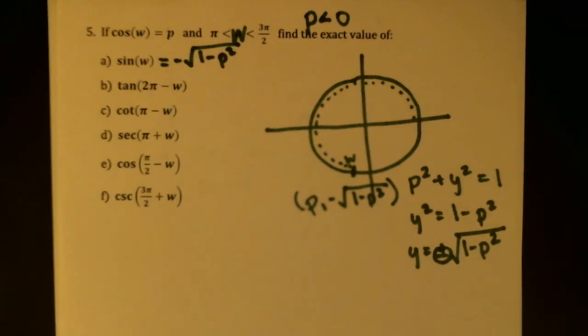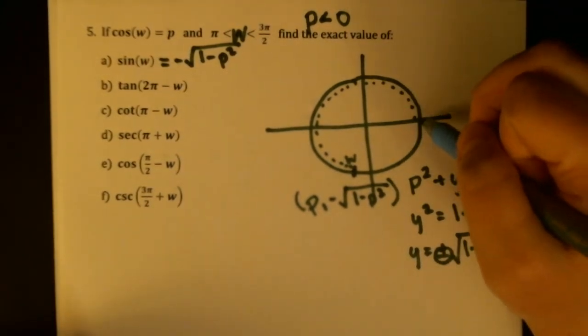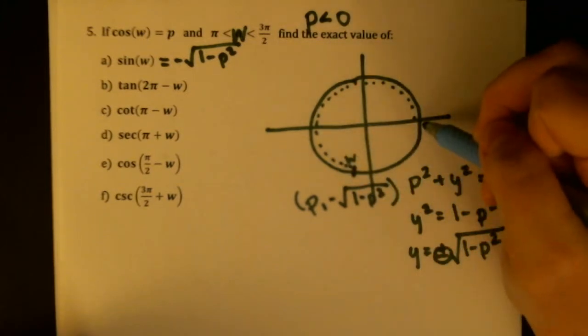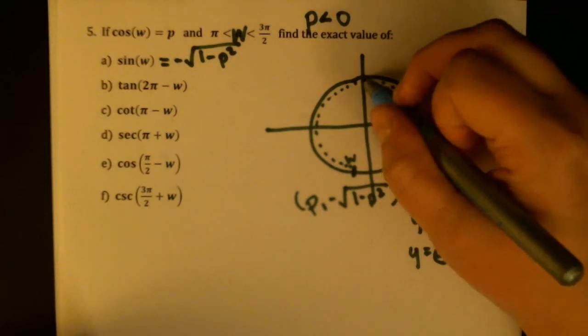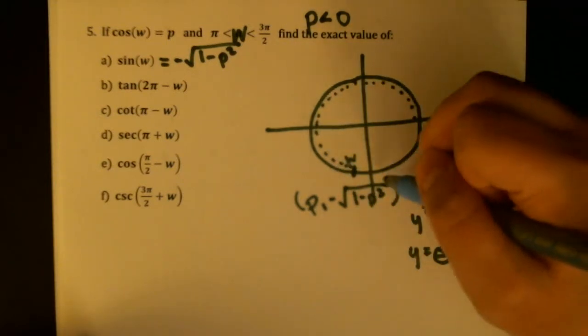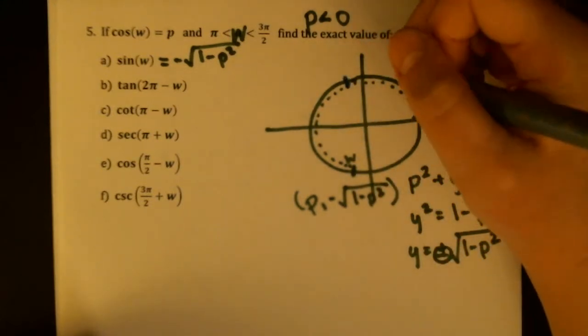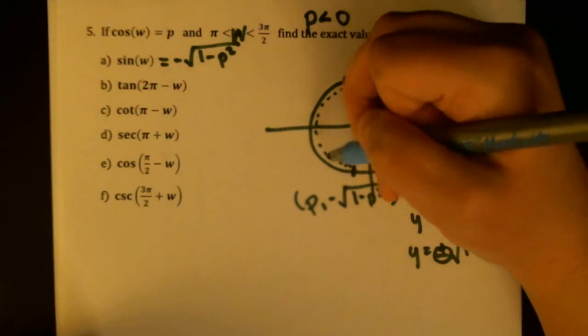Next, we would like to find the tangent of 2 pi minus w. So 2 pi minus w means we've gone all the way around and then we back up w. Okay, so w is not quite three-quarters of the way around. So all the way around minus not quite three-quarters of the way around puts us here. And again, it's fine to think about it that way, to think of what you did.